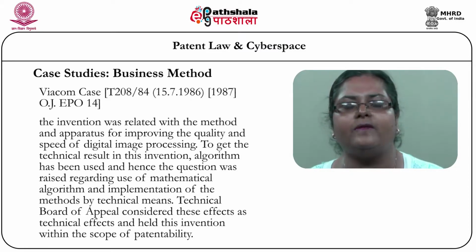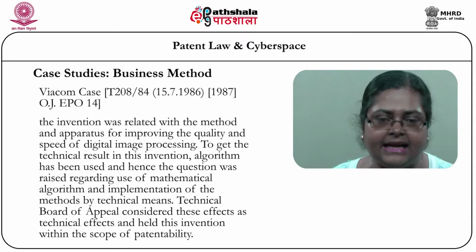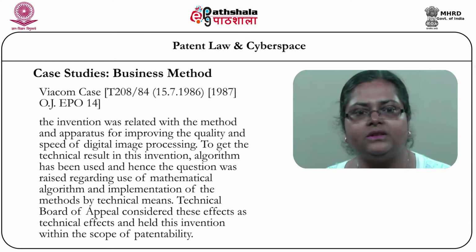So the technical board of appeal considered these effects as technical effects and held this invention within the scope of patentability. Though the mathematical algorithm is used here, the methods are used by technical means and there are considerable technical effects also, so it can be considered as a patent.